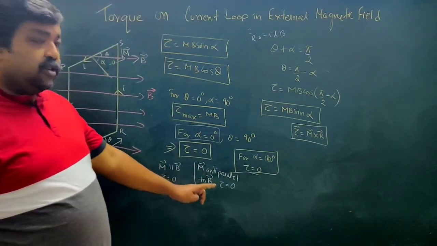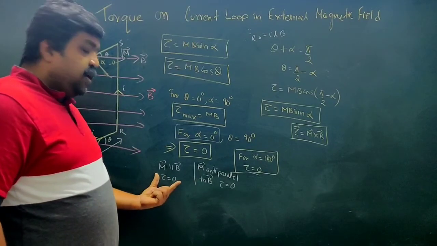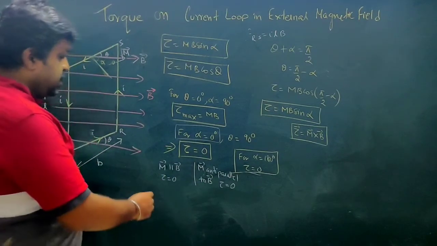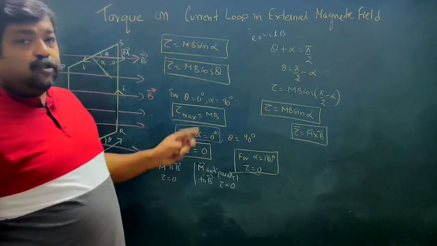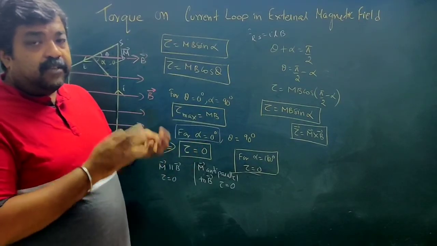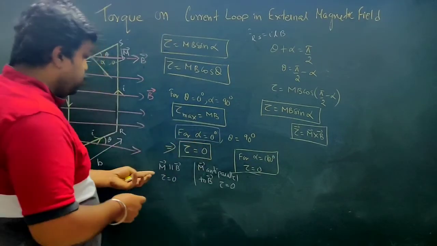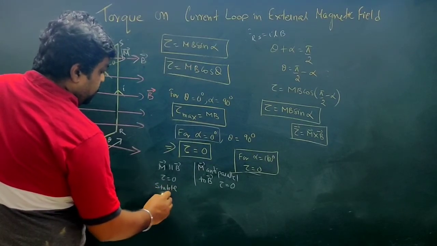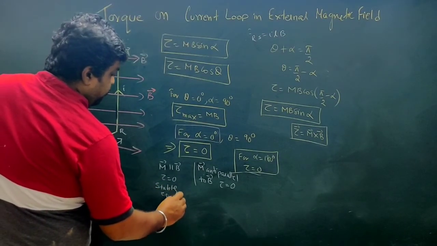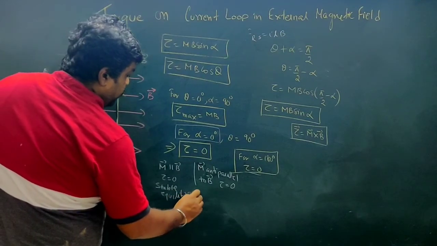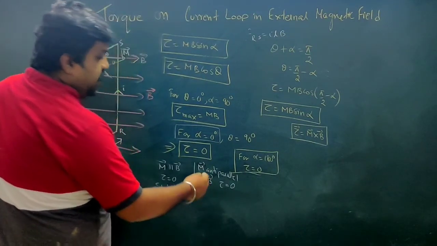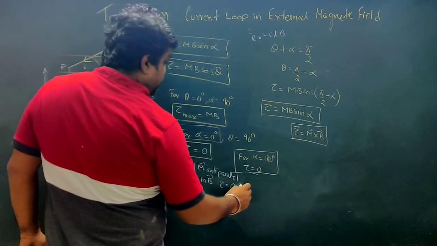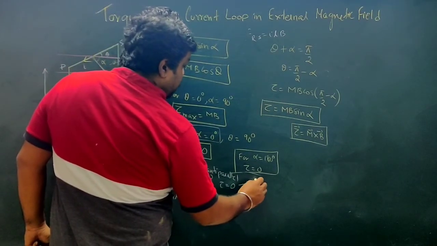For both cases, torque is 0, but M parallel to B implies stable equilibrium. See, torque equal to 0 means equilibrium, but equilibrium, as we know, is of two types. So M parallel to B means stable equilibrium, and M anti-parallel to B implies unstable equilibrium.